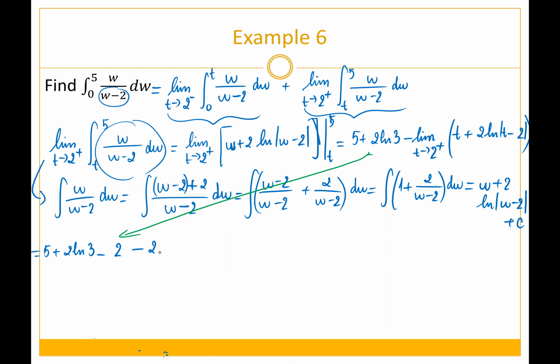With a negative in front, it is positive infinity. So this entire thing is divergent. Just one of them is divergent. So your conclusion is that the integral diverges.